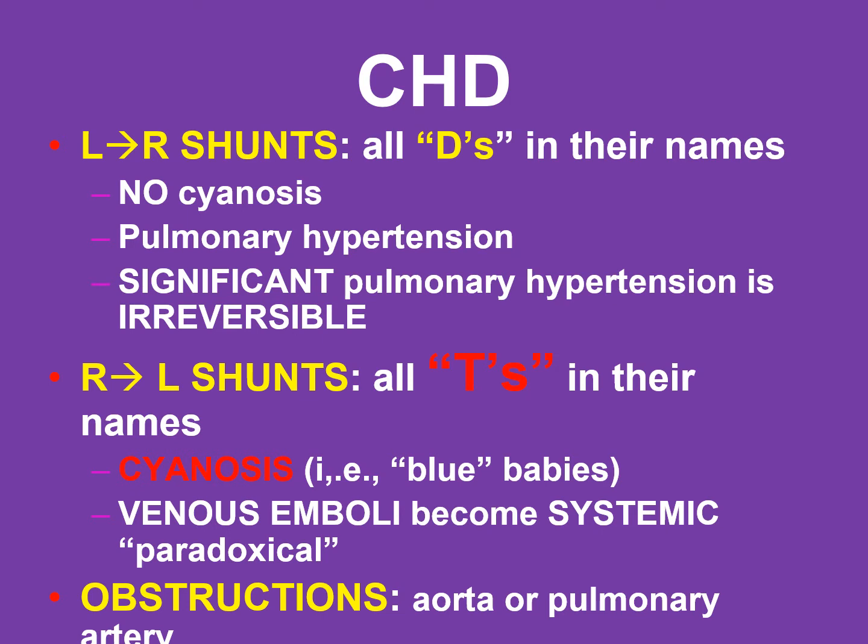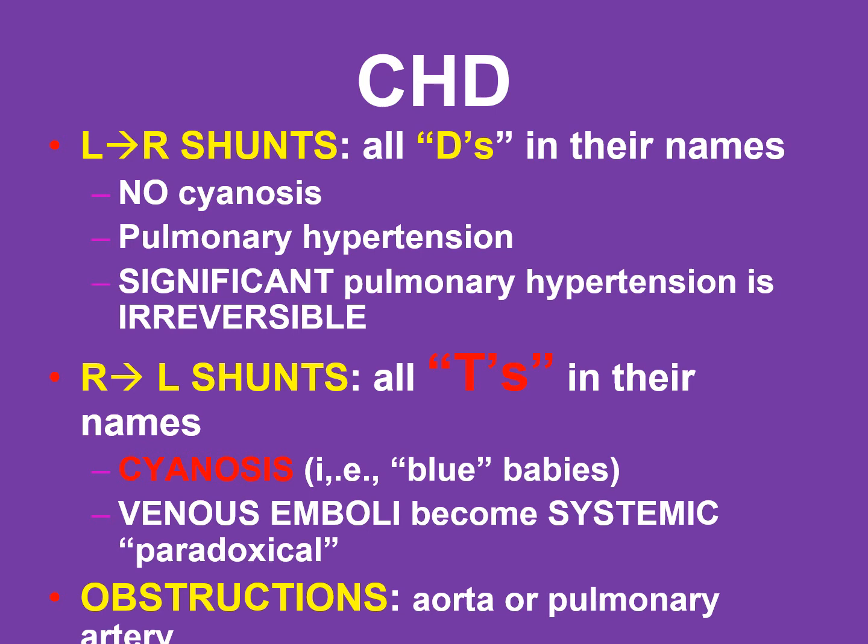So in med school, we know that the left to right shunts usually have all these in their names, so there is no cyanosis, but the most dreaded condition here is the development of pulmonary hypertension, specifically irreversible pulmonary hypertension.